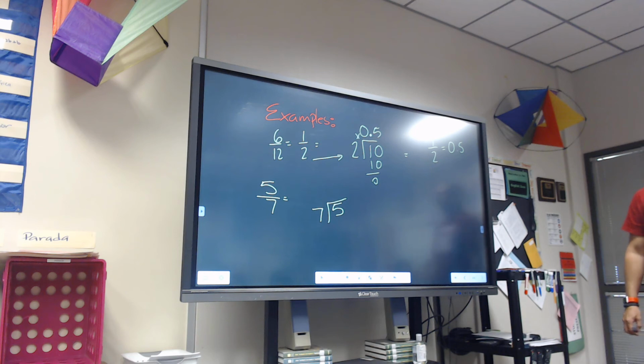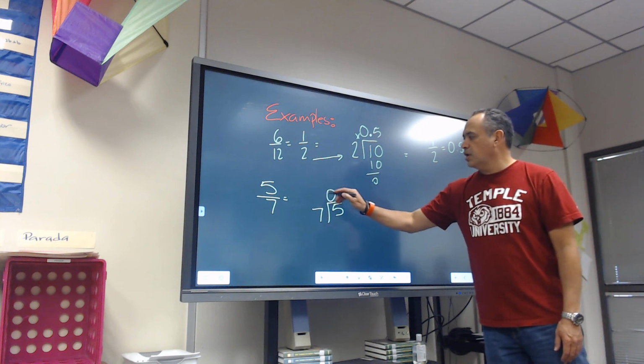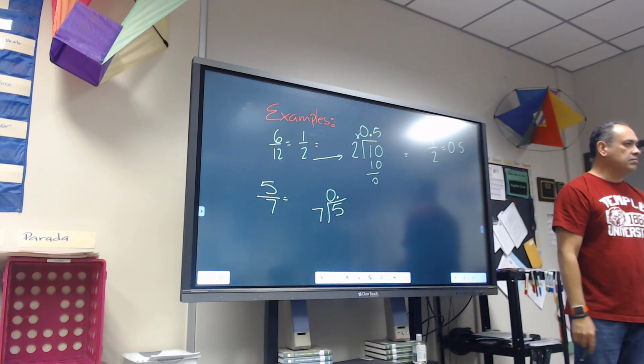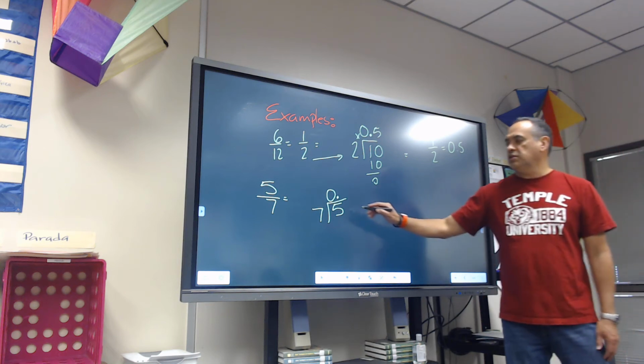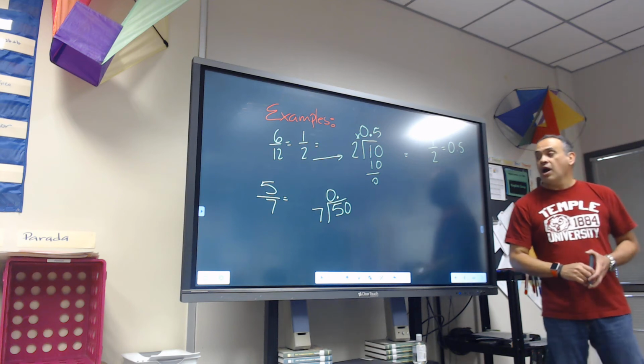How many times does 7 fit into 5? 0 times. And how many zeros do we need here? We can put as many as we need.